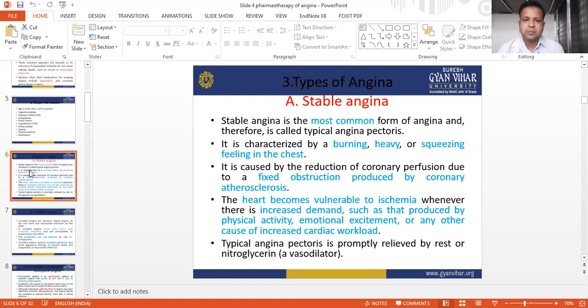The heart becomes vulnerable to ischemia whenever there is increased demand, such as that produced by physical activity, emotional excitement, or any other cause of increased cardiac workload. Typical angina pectoris is promptly relieved by rest or nitroglycerin, which is a vasodilator.